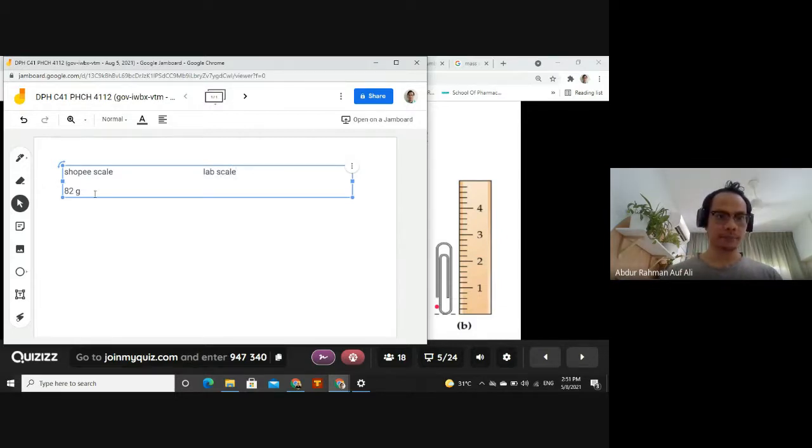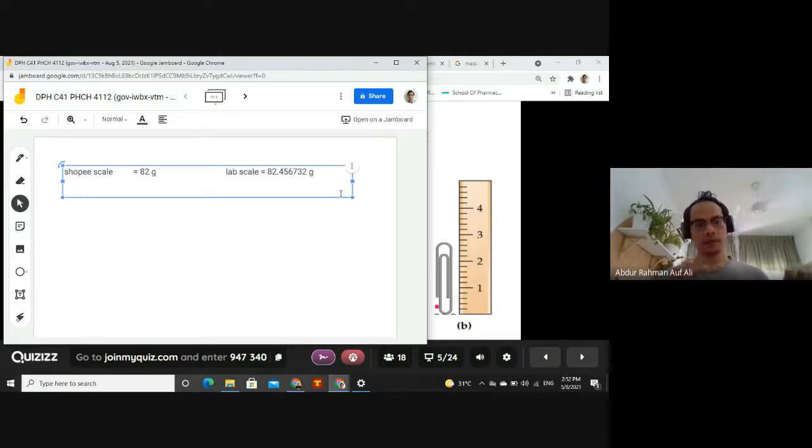So saya dapat, saya tulis dekat atas. Katakanlah saya dapat berat dekat sini, ni 82 gram tadi. This one, saya dapat 82.45632 gram.